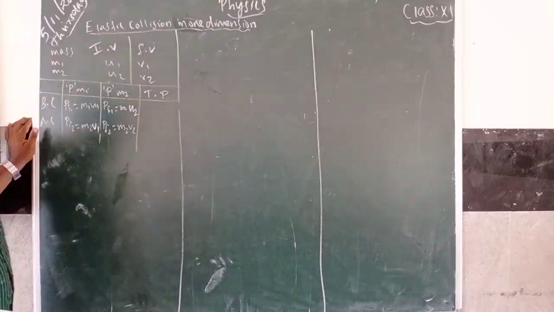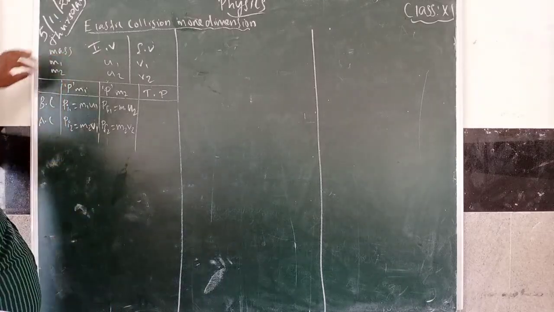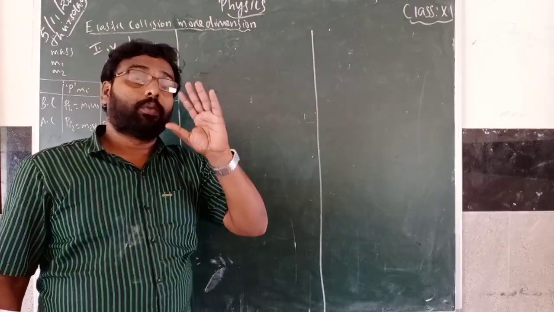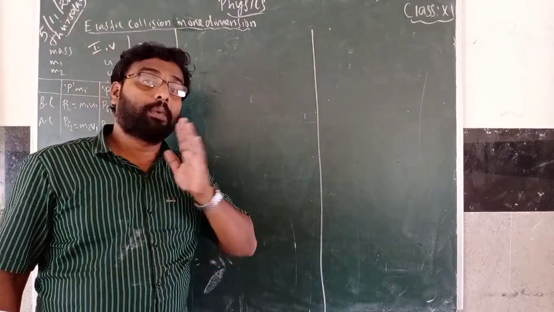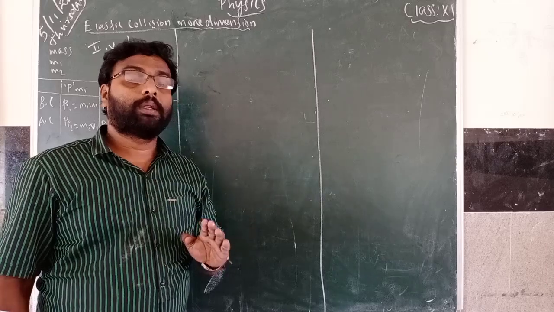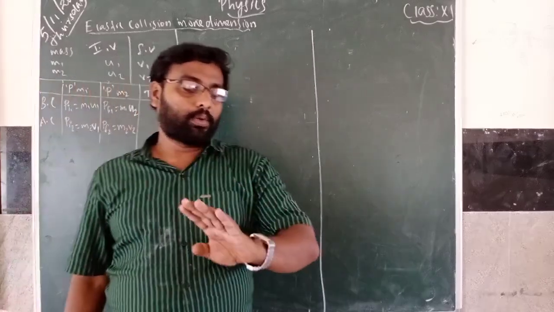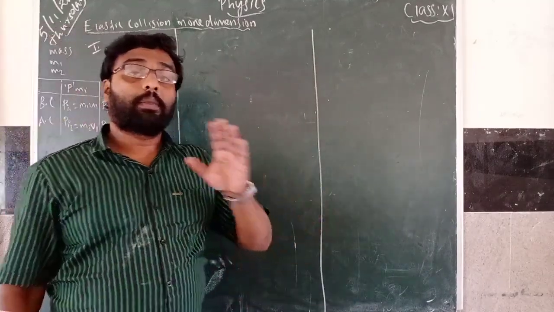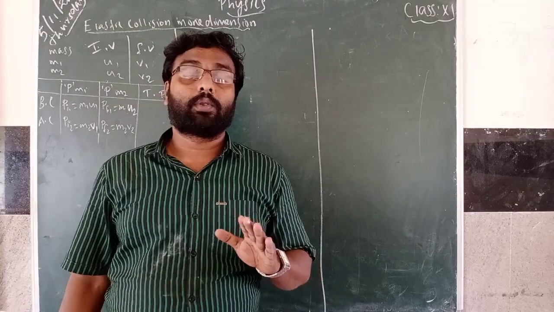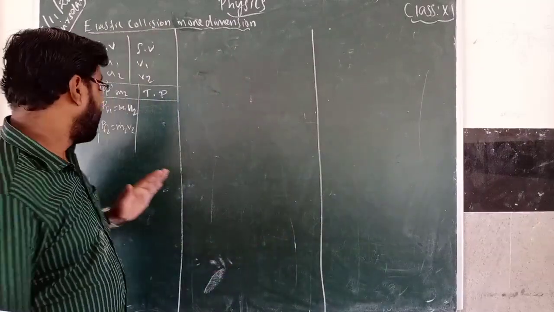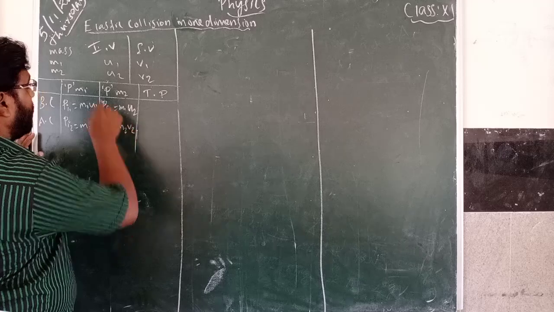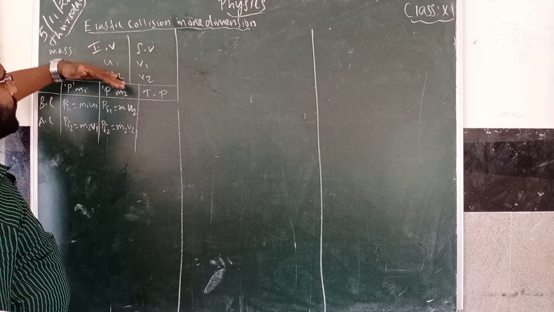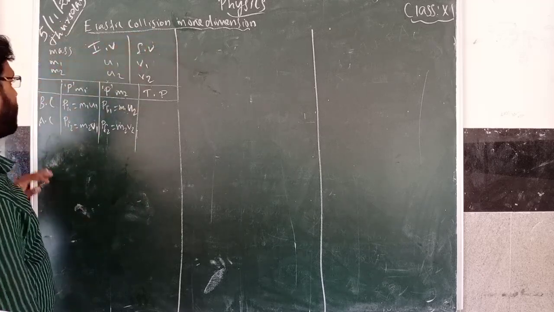For that, first write this table, mass. Remember, during elastic collision, total momentum is conserved, so momentum before collision is equal to momentum after collision. In the same way, kinetic energy before collision is equal to kinetic energy after collision. So masses m1 and m2, initial velocities u1 and u2, final velocities v1 and v2.